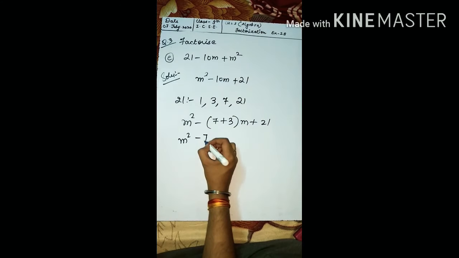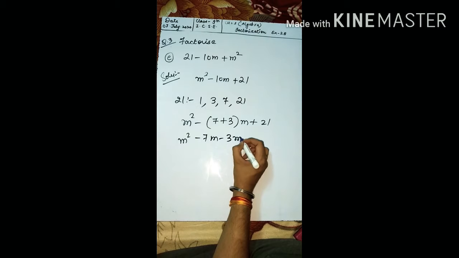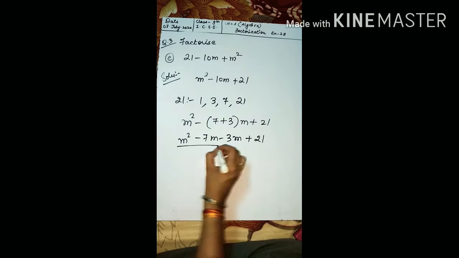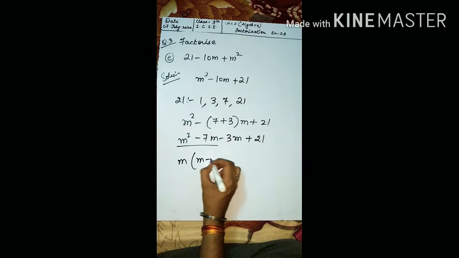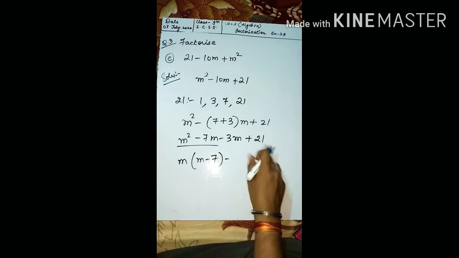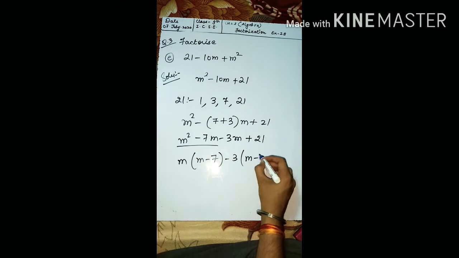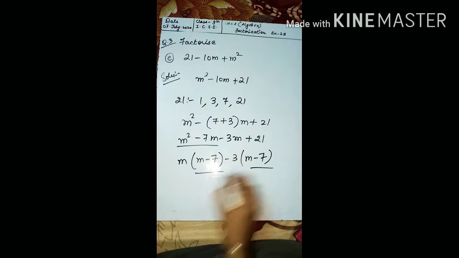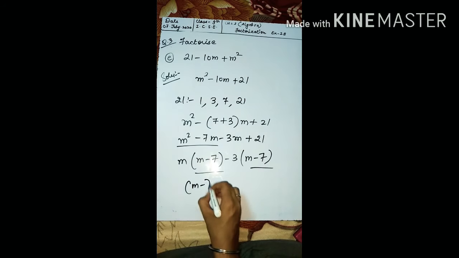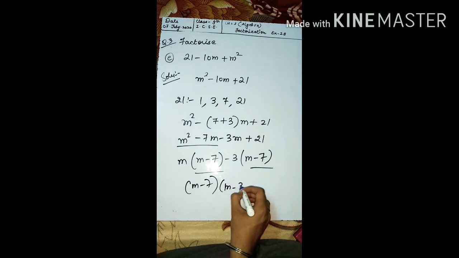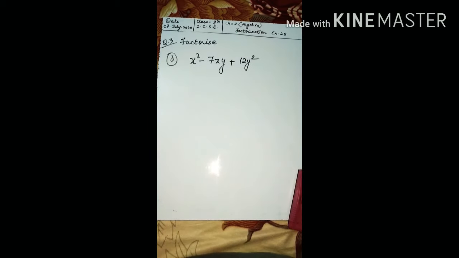Multiply this m inside, 7m minus 3m plus 21. From these two take m common, from these two take 3 common, from all this take m minus 7 common. This is your answer.